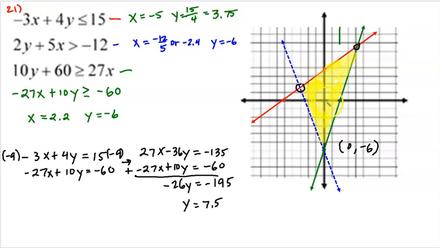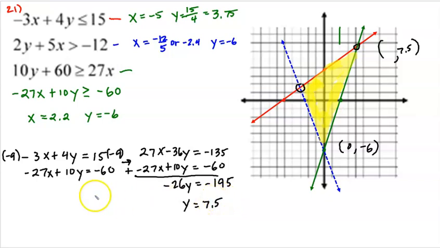So the y coordinate of that point, let's see if that's reasonable. 1, 2, 3, 4, 5, 6, 7. Let's see. 1, 2, 3, 4, 5, 6, 7.5. It does not look like it's too close, but again, it could be because of my lines not lining up.